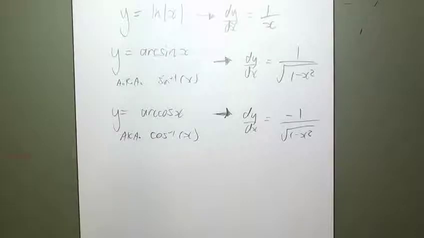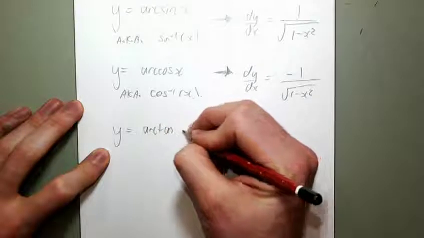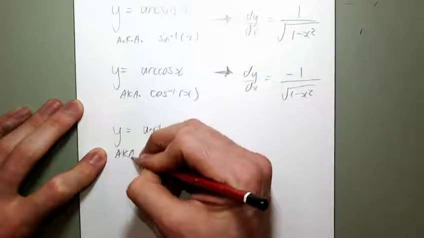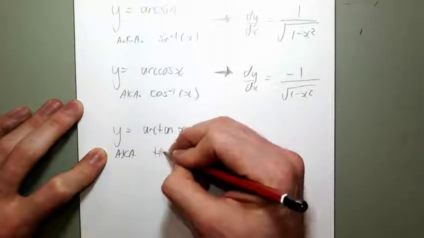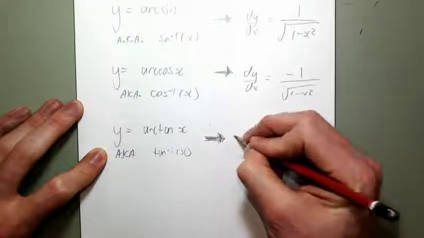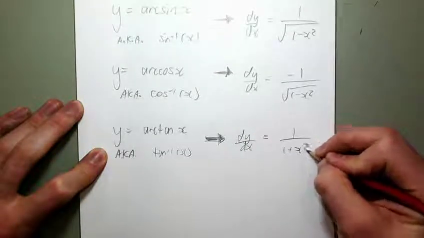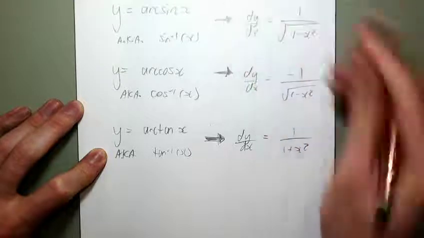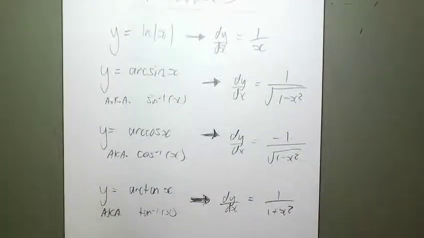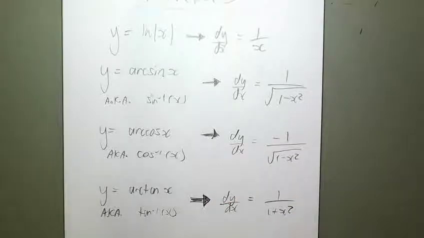And then finally, arc tan x, which is also known as tan to the minus 1 x, it's 1 over 1 plus x squared. So they are the derivatives of inverses that you're supposed to just know. You're supposed to know how to derive them as well, but you're also supposed to be able to just remember them.